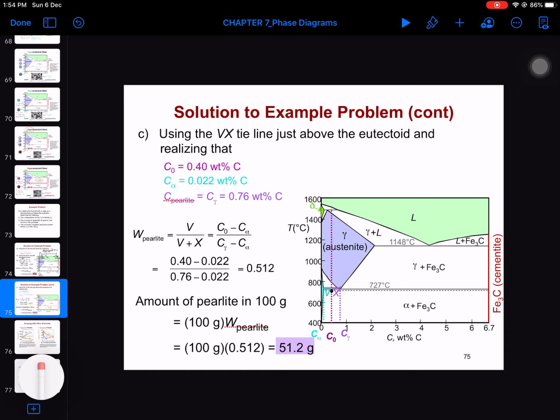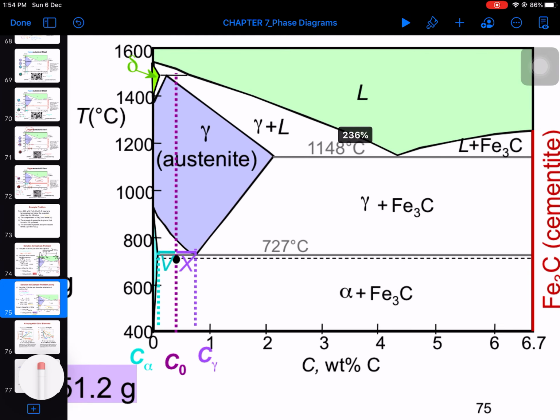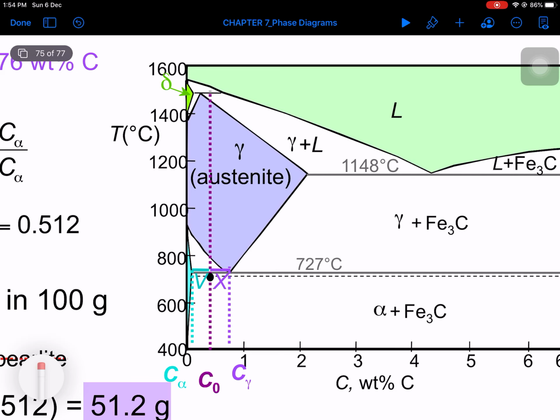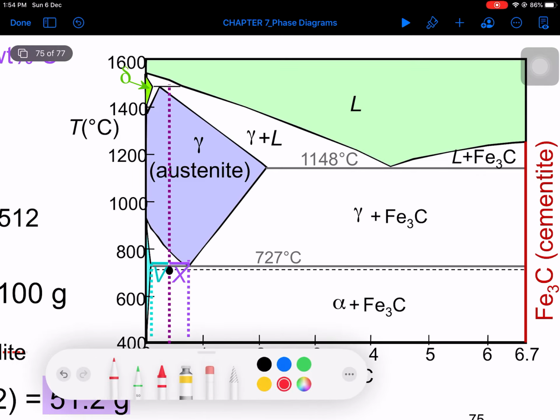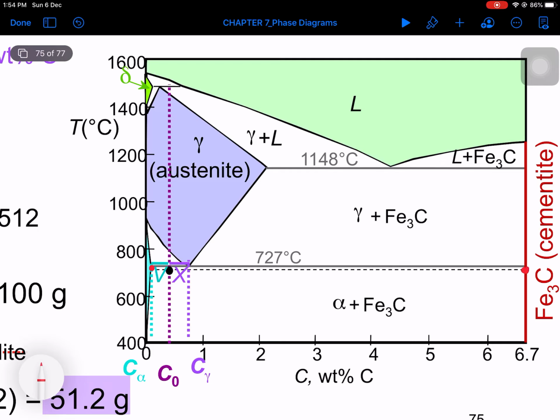Just now we were looking for the amount of cementite, so just below the eutectoid temperature the tie line stretched from this point up to this point, because we were looking for the whole thing, which involves cementite. But in this case, we are only asking for the fraction of the proeutectoid ferrite and the perlite.